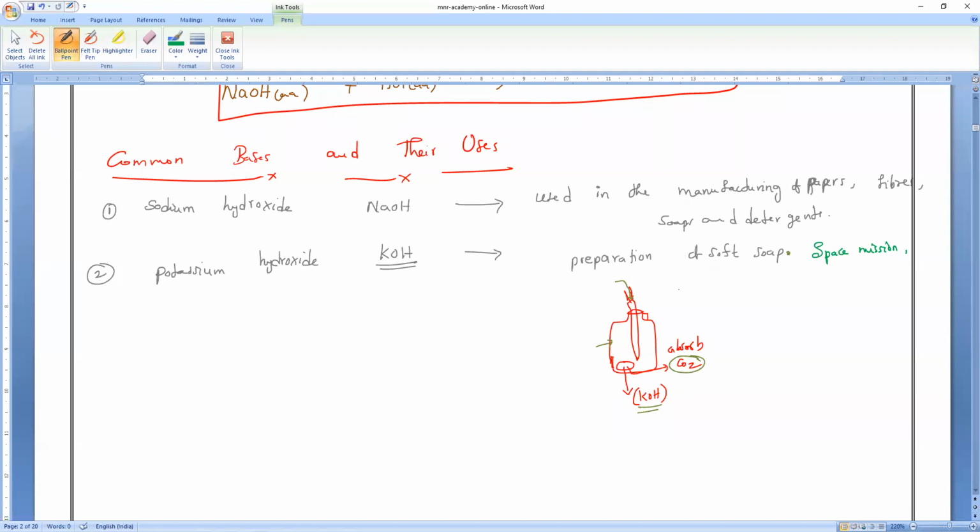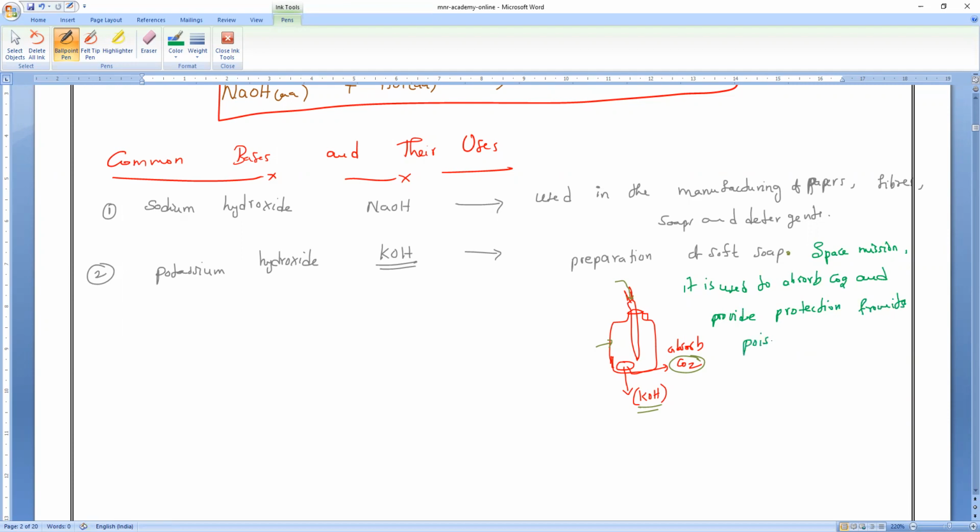So in space missions, it is used to absorb carbon dioxide and provide protection from its poisoning. So that is the importance of KOH.